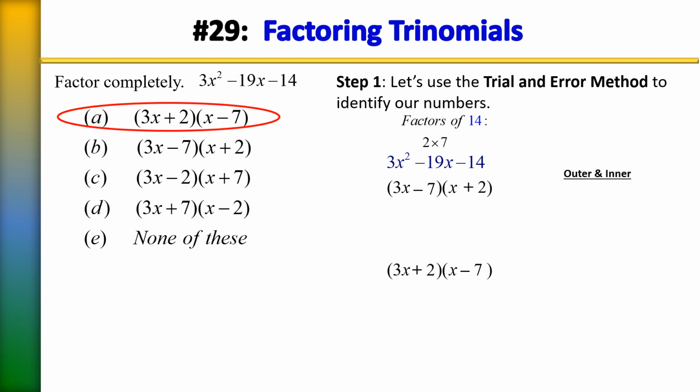If we do outer, 3x times 2 equals 6x, and negative 7 times x equals negative 7x. So when I combine those two together, they equal negative x. So notice my middle term is not negative x, so that pair does not work.